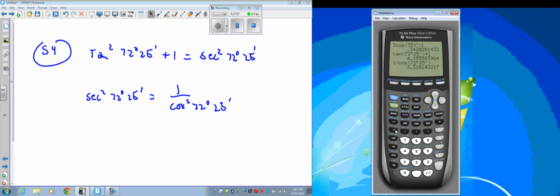If I square it, it's not going to square the thing in the denominator. Okay, now you can edit it.